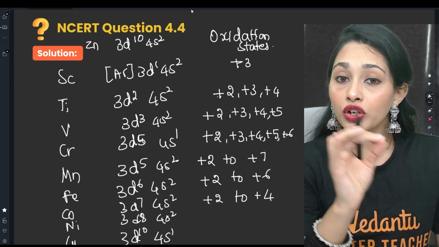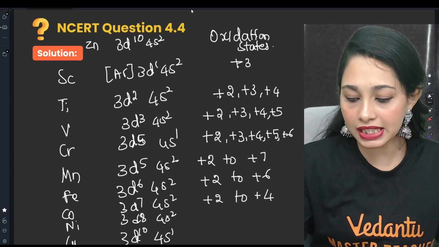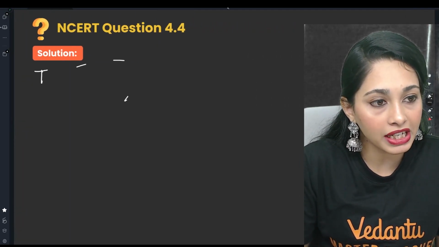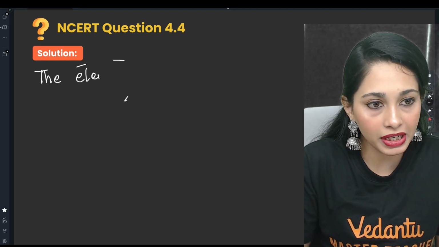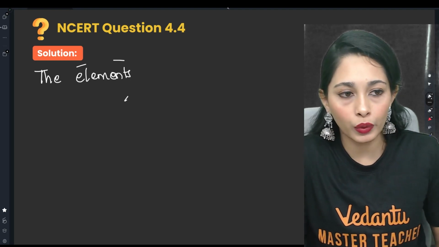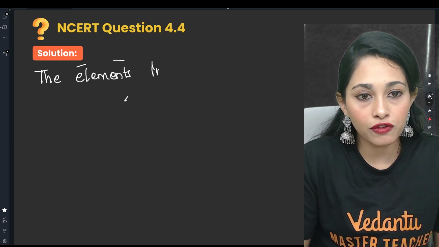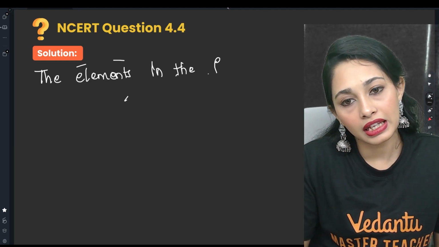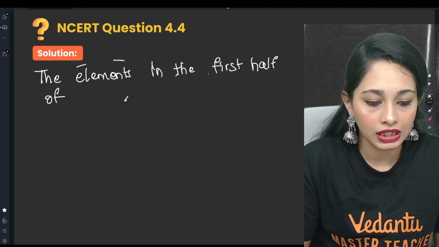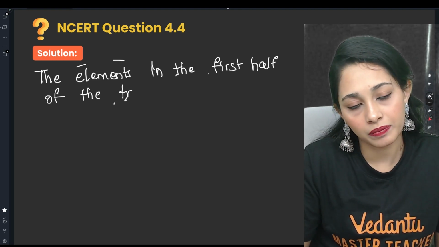If you see the electronic configuration of all the metals here, what can we deduce? We are considering the elements from the first half of the transition series.